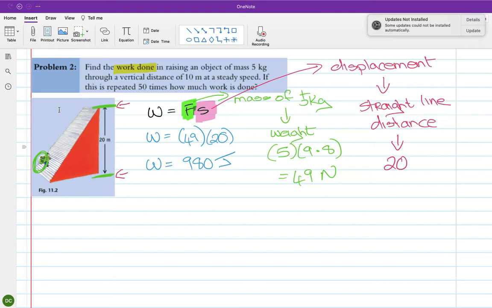If it's repeated 50 times, just multiply by 50. So that should be 49,000 joules.